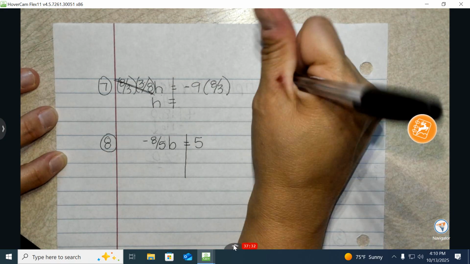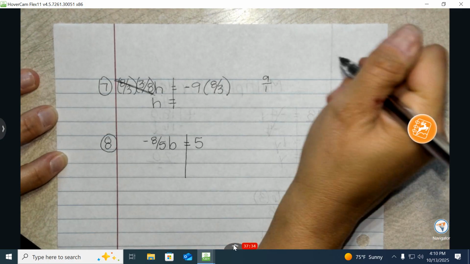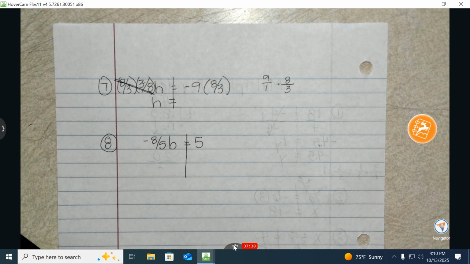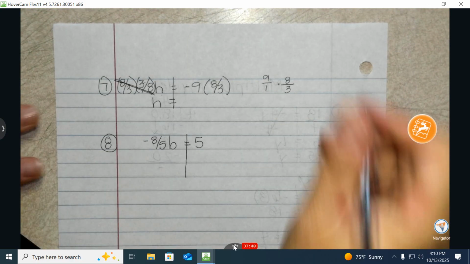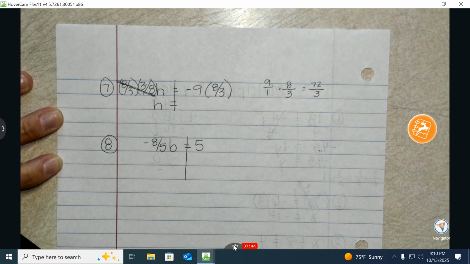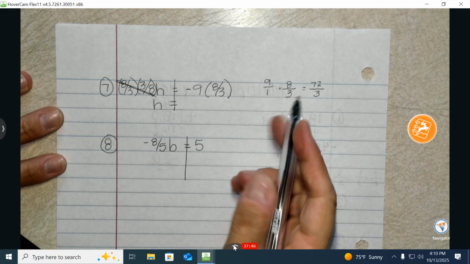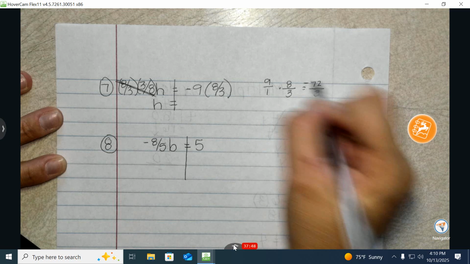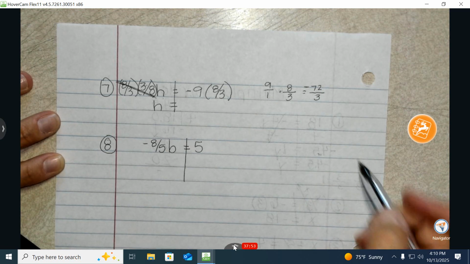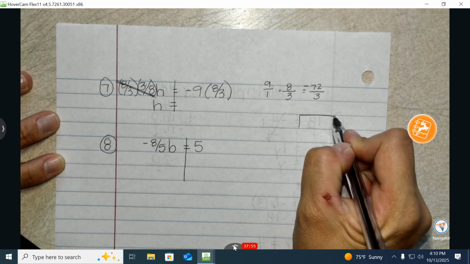Now I need to do some math, so I have 9/1 times 8/3. 9 times 8 is 72/3. And it's a positive times a negative, so that is -72/3. Now that can be simplified, and we're going to simplify it by dividing.